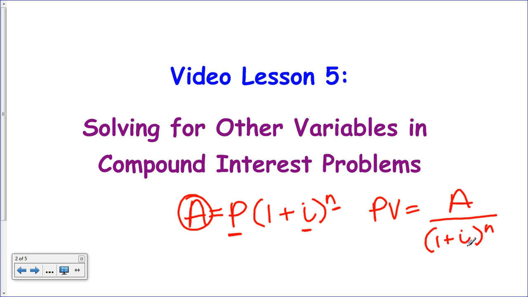Again, we knew our i, our n, and the accumulated amount A, and we were solving for the principal or present value.